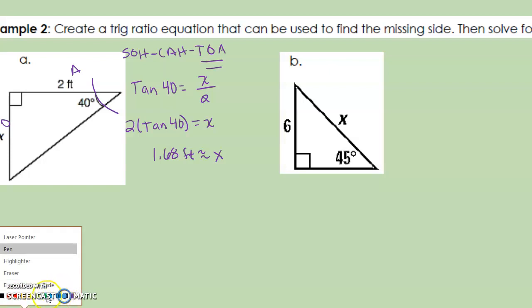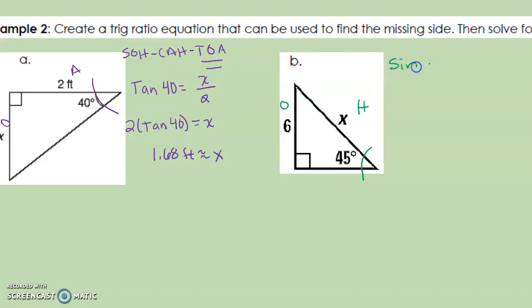When I go to my next example, mark my angle of interest. I'm only going to label what I have, which is my hypotenuse and my opposite. Opposite and hypotenuse, OH, is only sine. So it's going to be sine of 45 equals my opposite, which is 6, over my hypotenuse, which is x. So remember, we would multiply by x on both sides and then divide by sine 45.